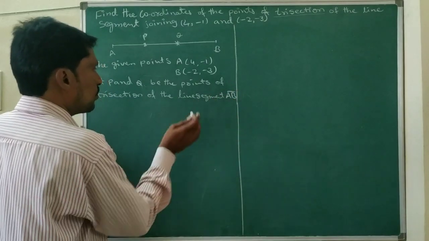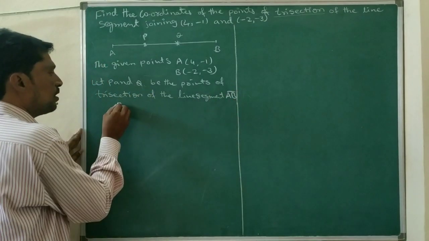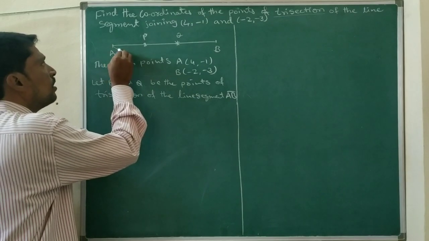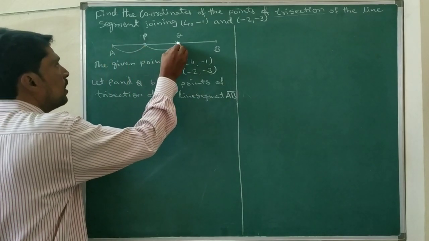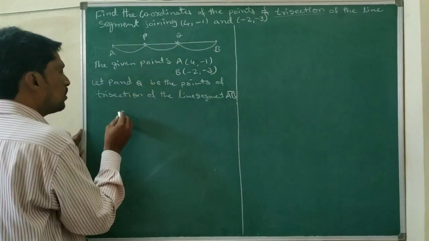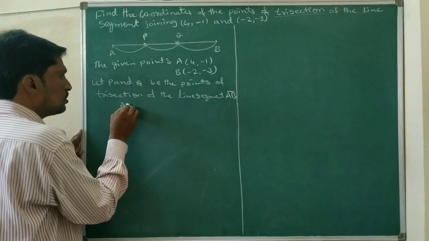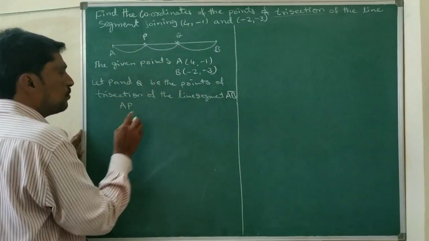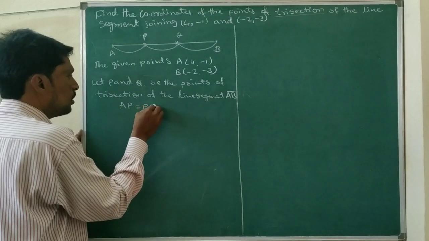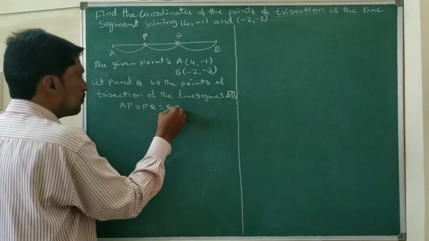On the line segment AB, these are the trisection points. The trisection points mean AP, PQ and QB are all equal, the distances are equal, meaning it is dividing equally.